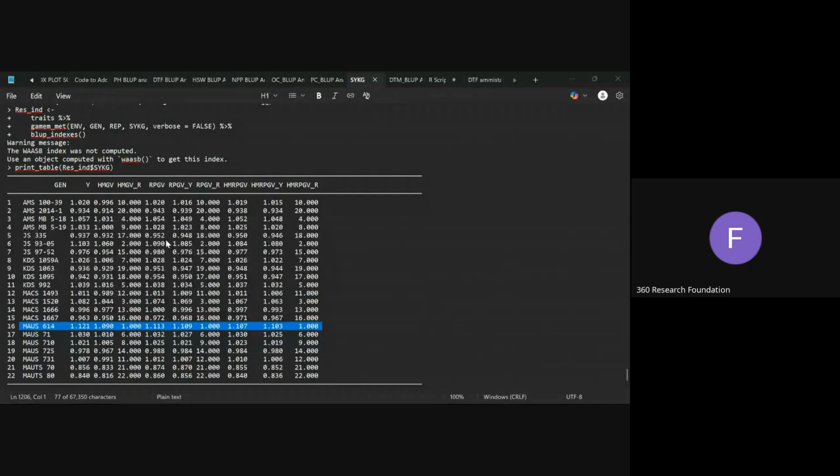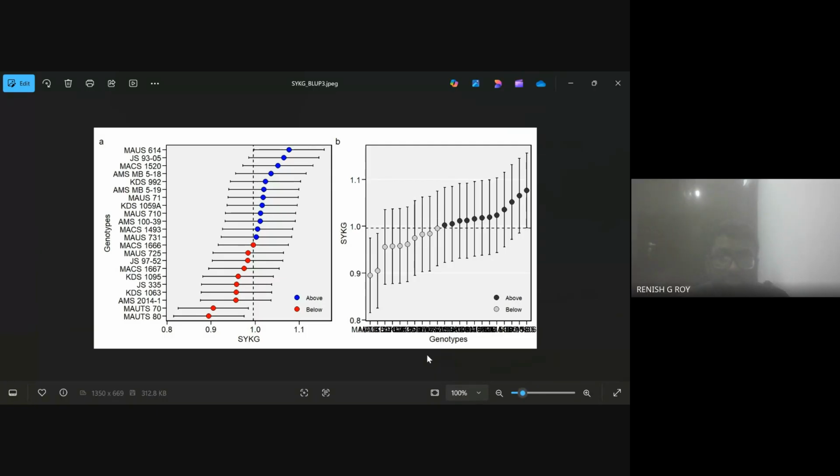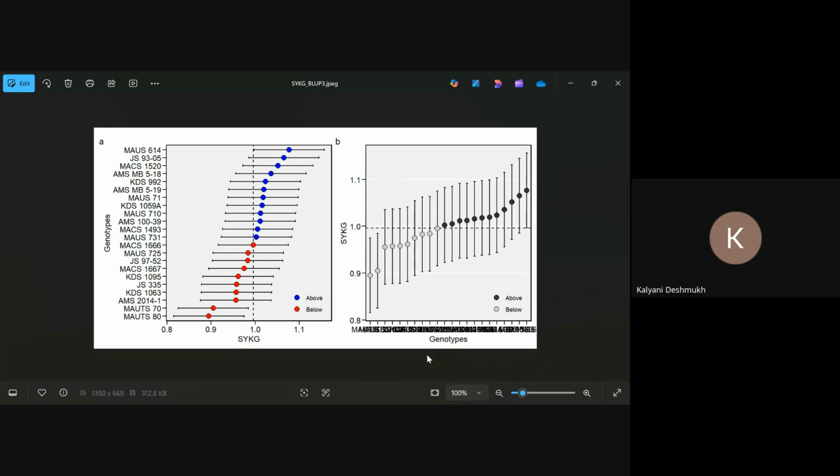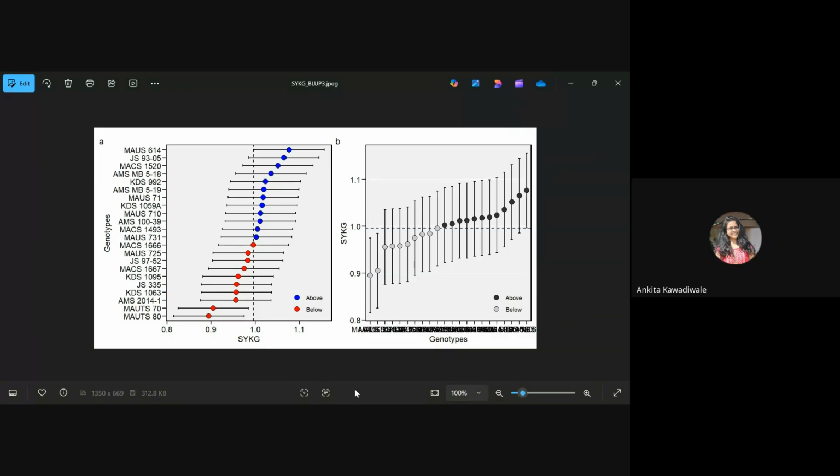Where is that graph? Yeah, see here. Which is the topmost genotype? MAUS 614. And second? JS 9305.